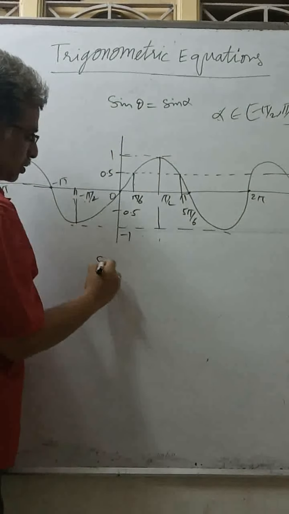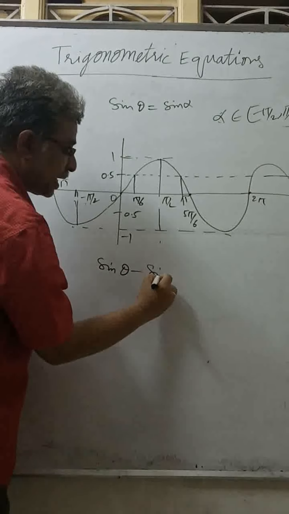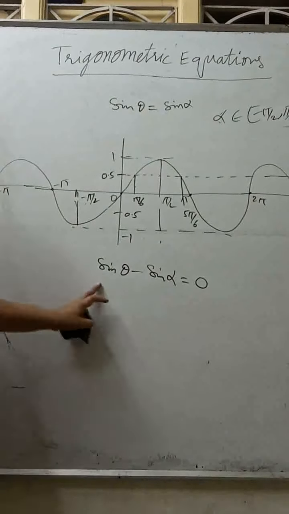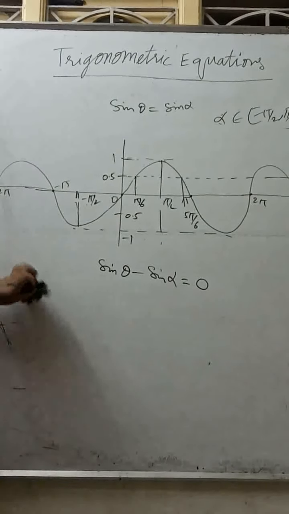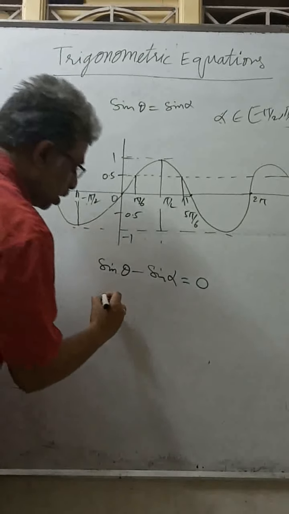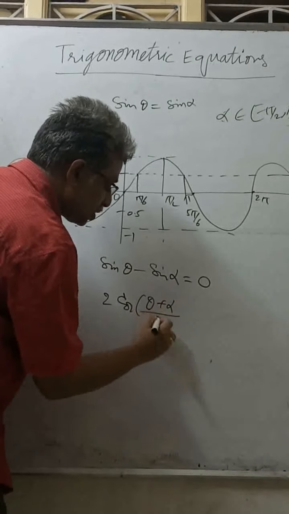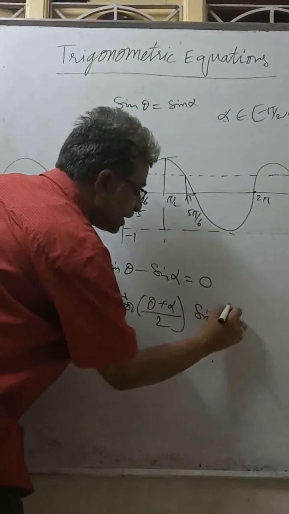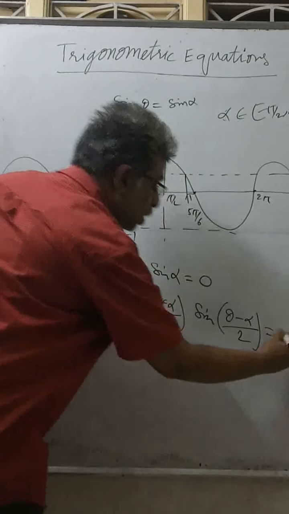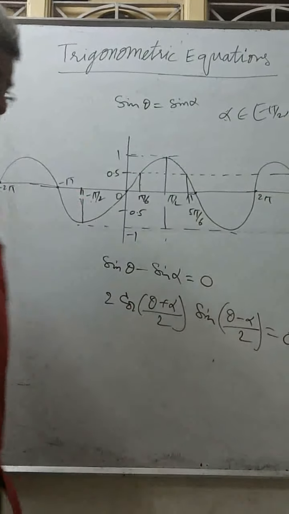Sin theta equal to sin alpha means I can bring that to this side, and it becomes sin theta minus sin alpha equal to 0. Now sin c minus sin d, I know the formula: 2 cos of (c plus d) by 2 into sin of (c minus d) by 2.